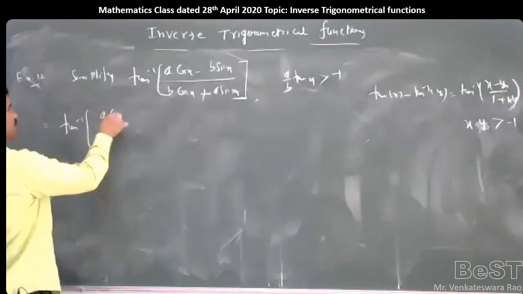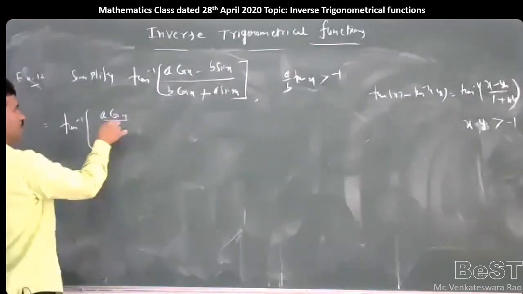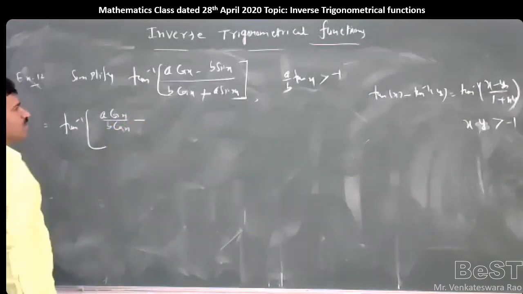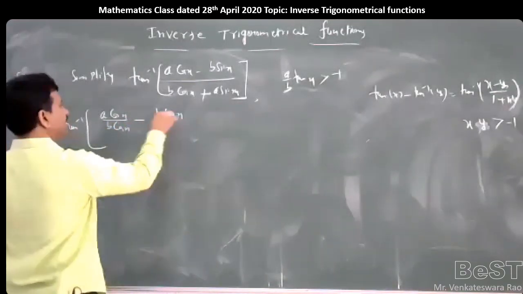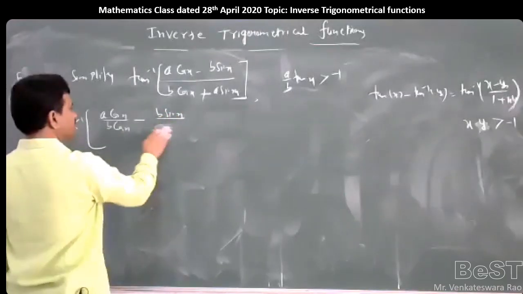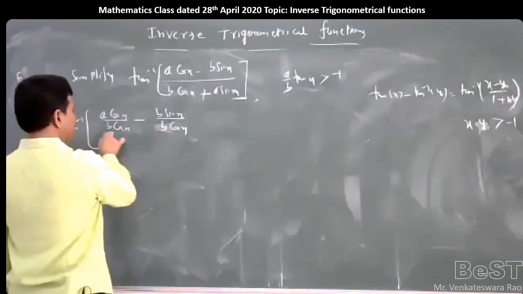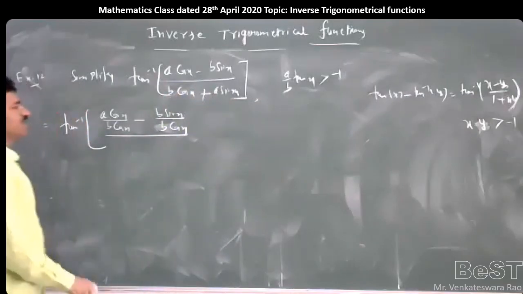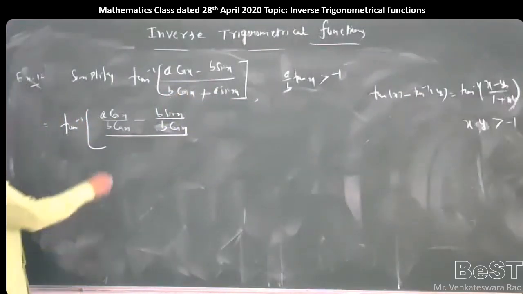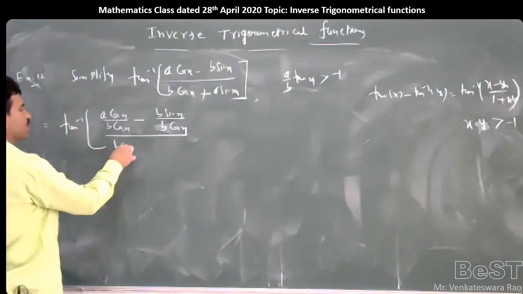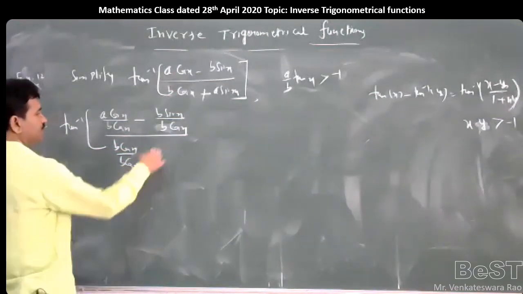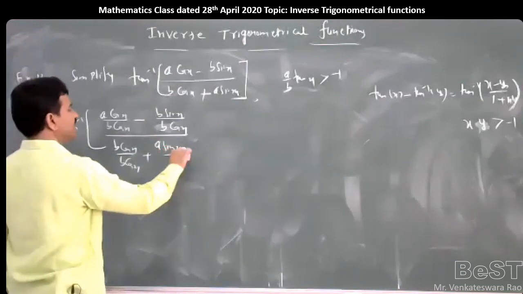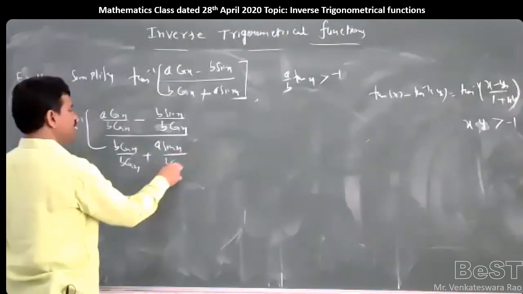So this is a cos x by b cos x minus b sin x by b cos x, dividing all the terms with equal term, b cos x by b cos x plus a sin x by b cos x.